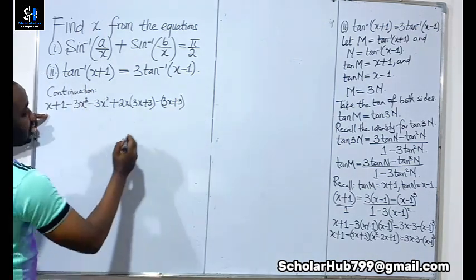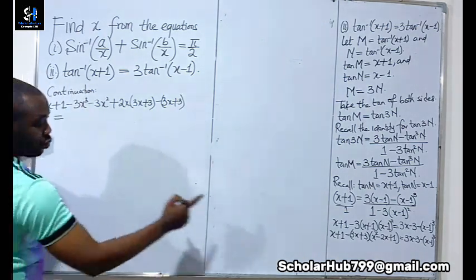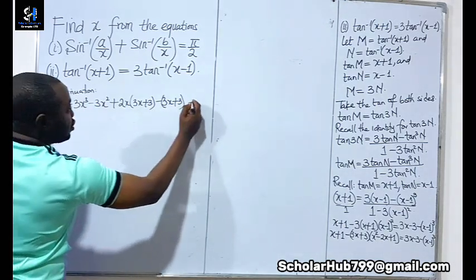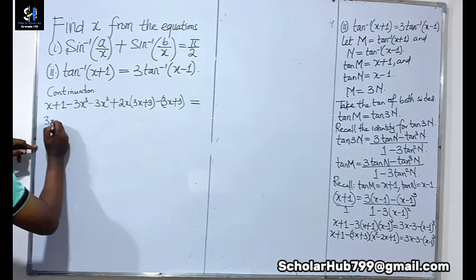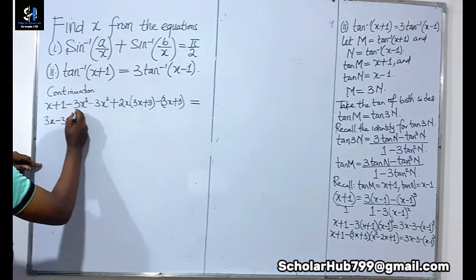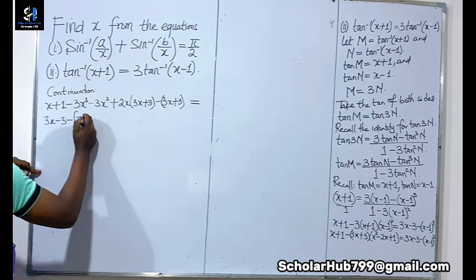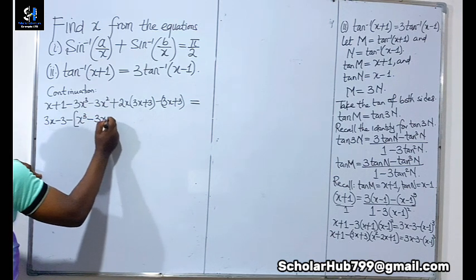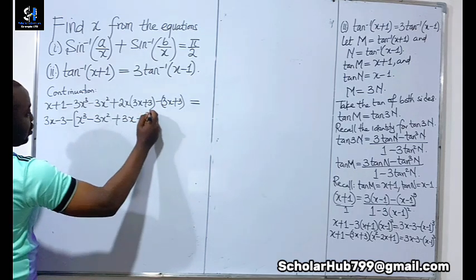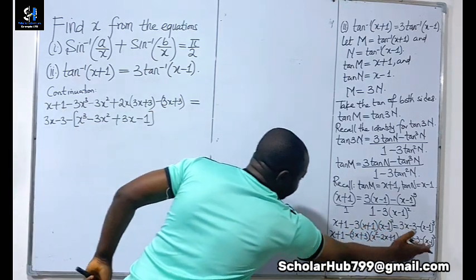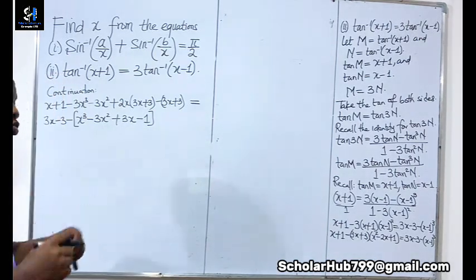So this is the left hand side. This is equal to, on the right hand side, 3x minus 3 minus square brackets x cubed minus 3x squared plus 3x minus 1, that is if we expand the cube of x minus 1.